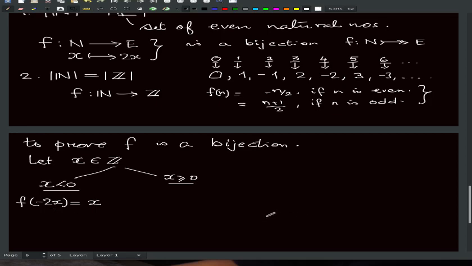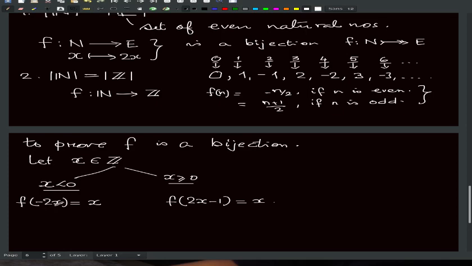That's the idea, right? And if x is greater than or equal to 0, f of 2x minus 1 is equal to x. So, for each x, because you have given me the inverse actually, there exists a unique natural number.